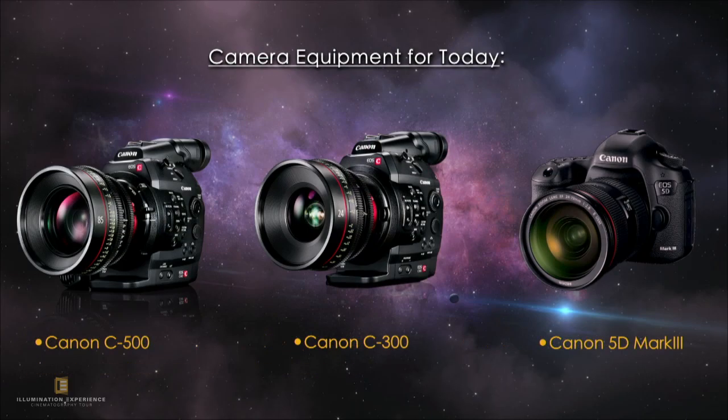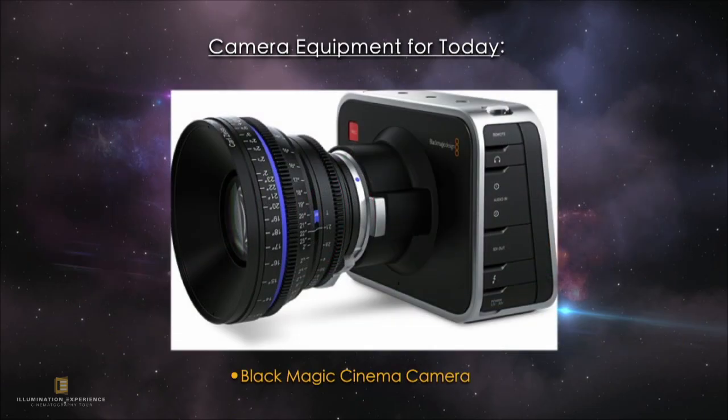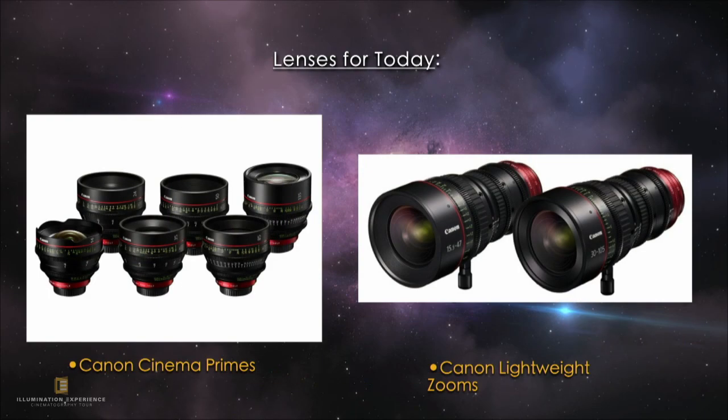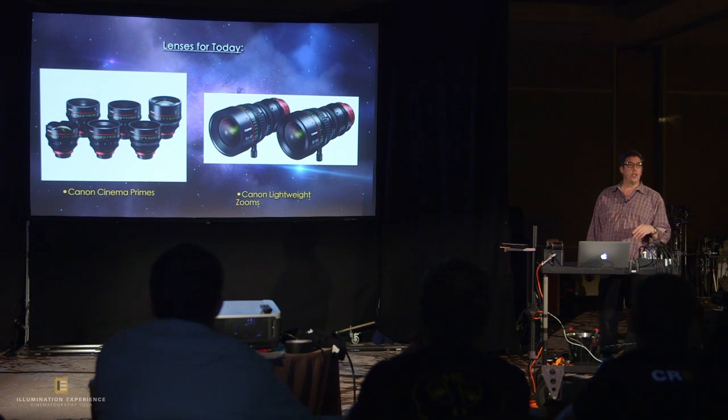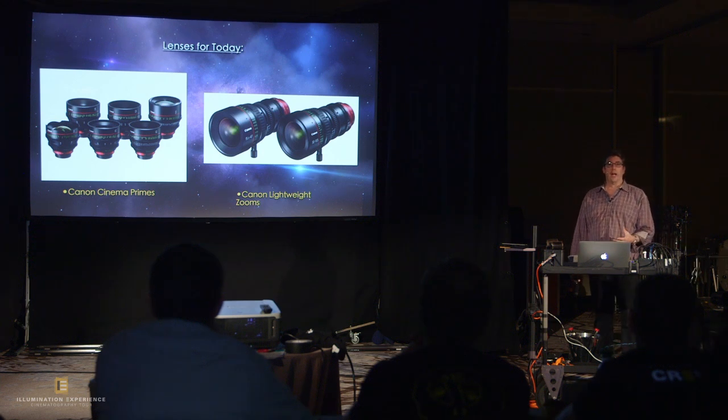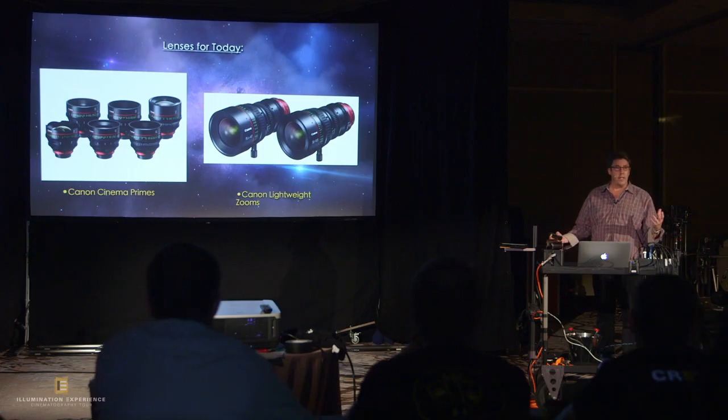You have your assortment of cameras. There's our Black Magic. We have our assortment of lenses, so we have a 14 all the way up to a 135, as well as the zooms. Now, I really want to convince all of you to shoot with primes today, because I think zooms tend to make lazy filmmakers.